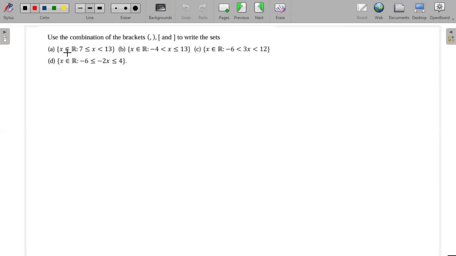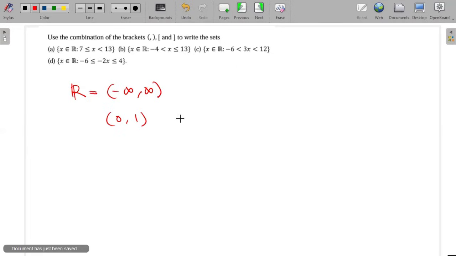Set interval notation is just a shorthand way of representing continuous numbers. In here we'll talk a lot about the real numbers, which are represented from negative infinity to positive infinity. So you understand continuous numbers, for example, in between 0 and 1, the numbers in between are a lot.